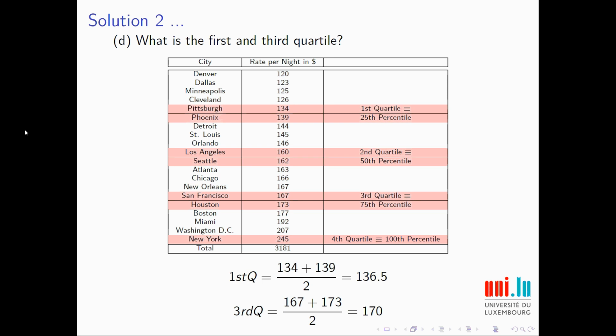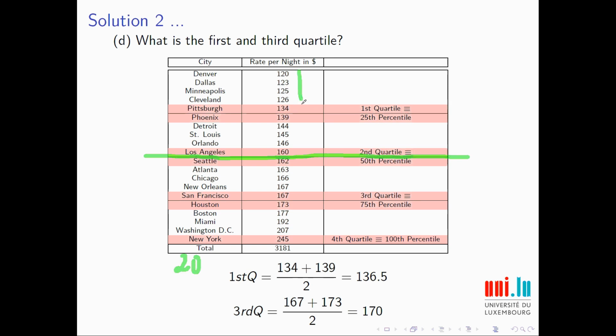First you have to divide your data set into two parts, into two chunks. So first you have 20 observations, and you have them in ascending order.